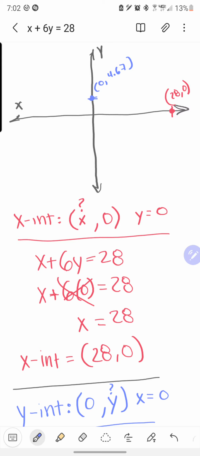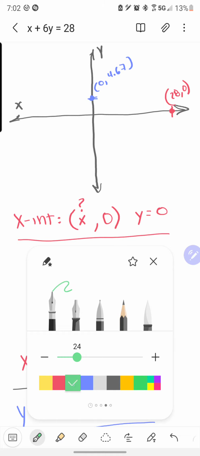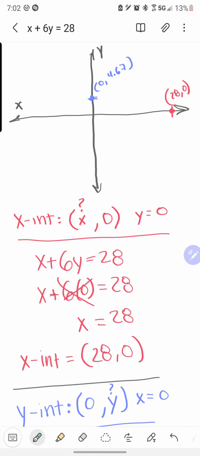Now we can create our line for the graph. Let's use green for it. It's not going to be the best straight line. And that is how you graph x plus 6y equals 28 using x and y intercepts.